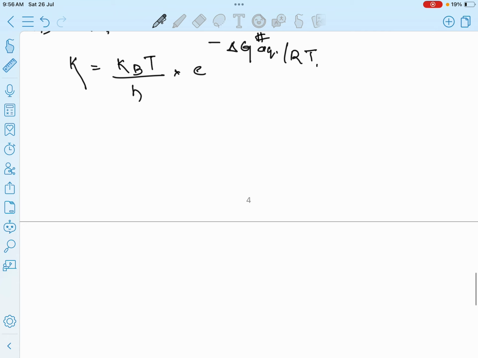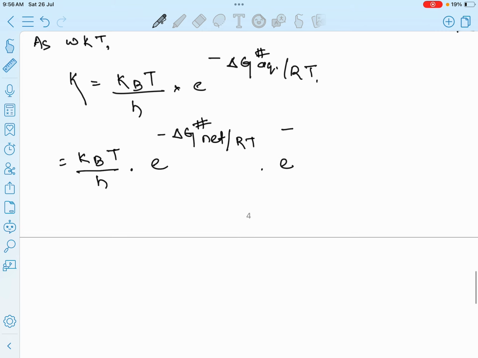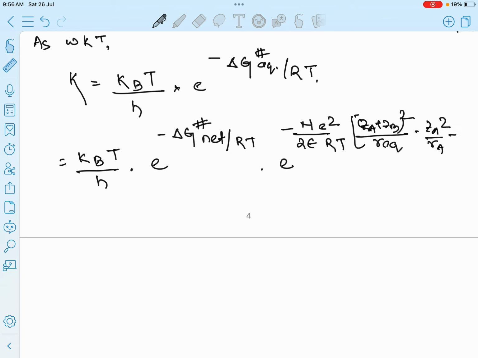We can write kBT by h into e to the power minus delta G net by RT into e to the power minus N by 2 epsilon e square by RT, all multiplied by ZA plus ZB square by Req minus ZA square by RA minus ZB square by RB.